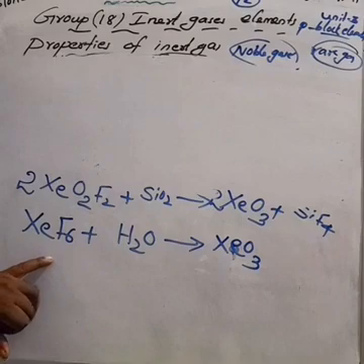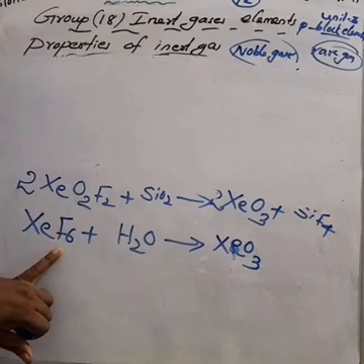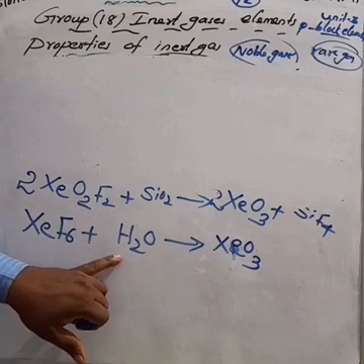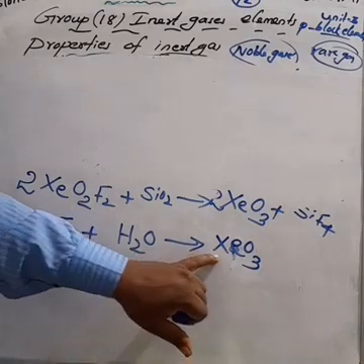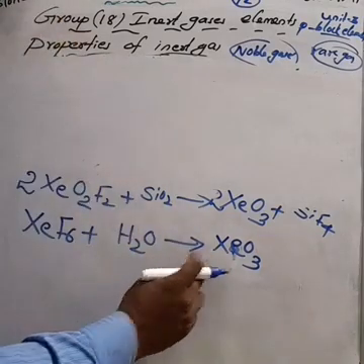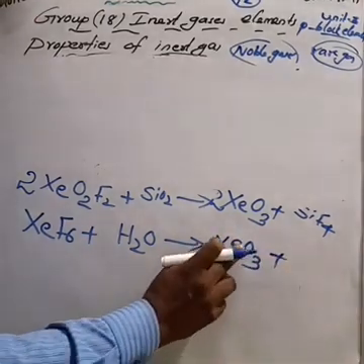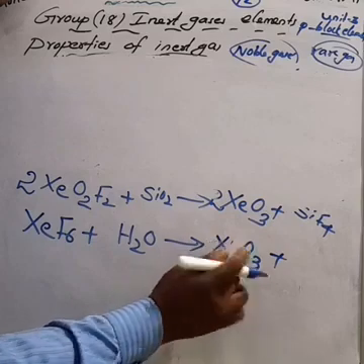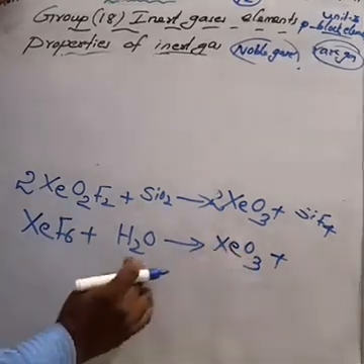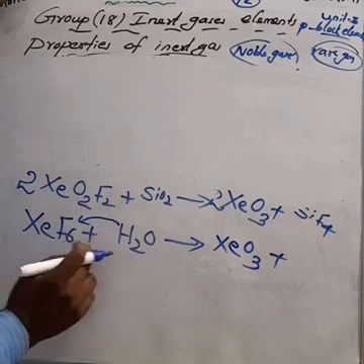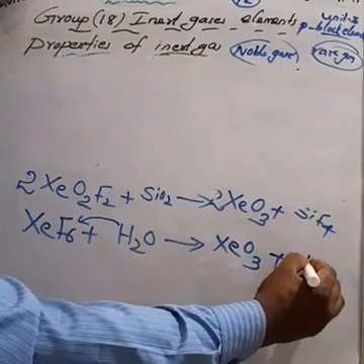What is the name of the compound? XeF6, that is xenon hexafluoride, reacts with water H2O. We get XeO3. What's the name of the compound? XeO3, xenon trioxide, and also the hydrogen combines with fluorine, we get HF.